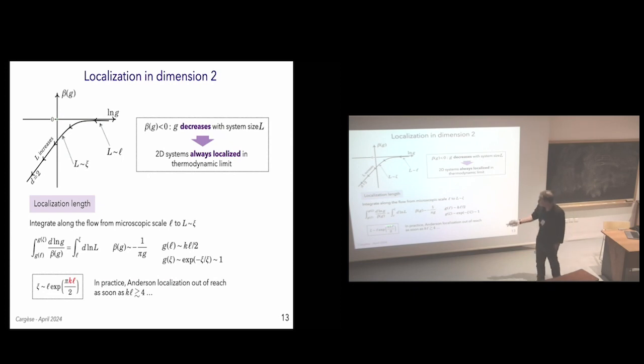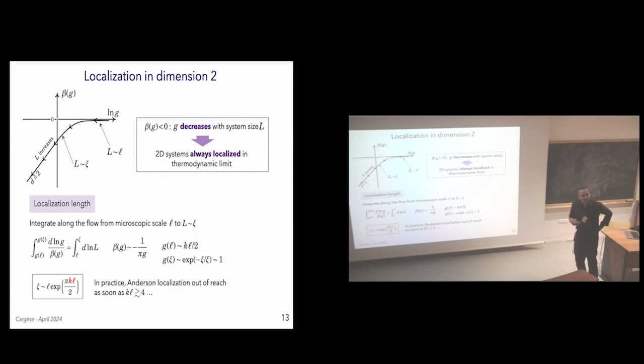So if you do so, it's just an integral. You integrate this beta along the flow up to xi, and by inverting, you find that the localization length in 2 dimensions grows exponentially with the product kl. kl here is a measure of the disorder strength in your sample.